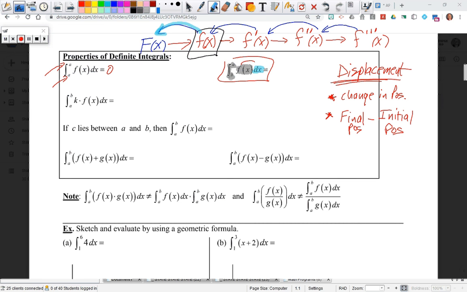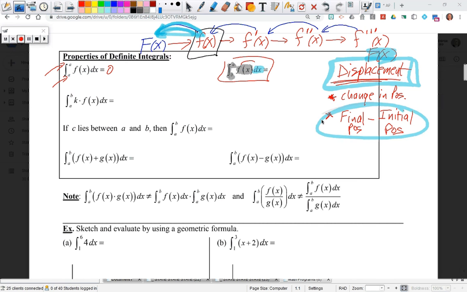When I integrate from f of x and I go back over here to capital F of x, this can be seen as that displacement that just occurred, but it's all about this. So the way I'm going to write that is the final position minus the initial position. This goes right here.